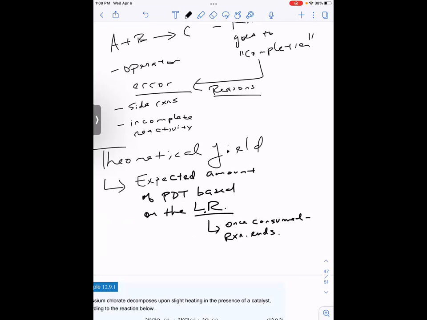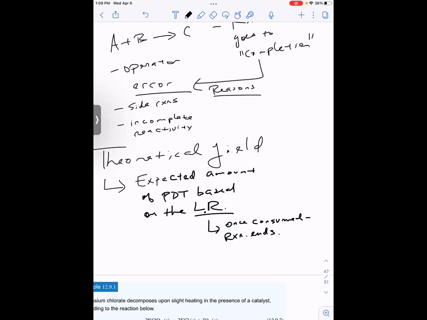And so when we're looking at the examples that we're going to be looking at, we sometimes have to calculate the limiting reactant to figure out which of the two reactants is limiting. It's not always readily apparent, as you're going to see from the examples that we do.